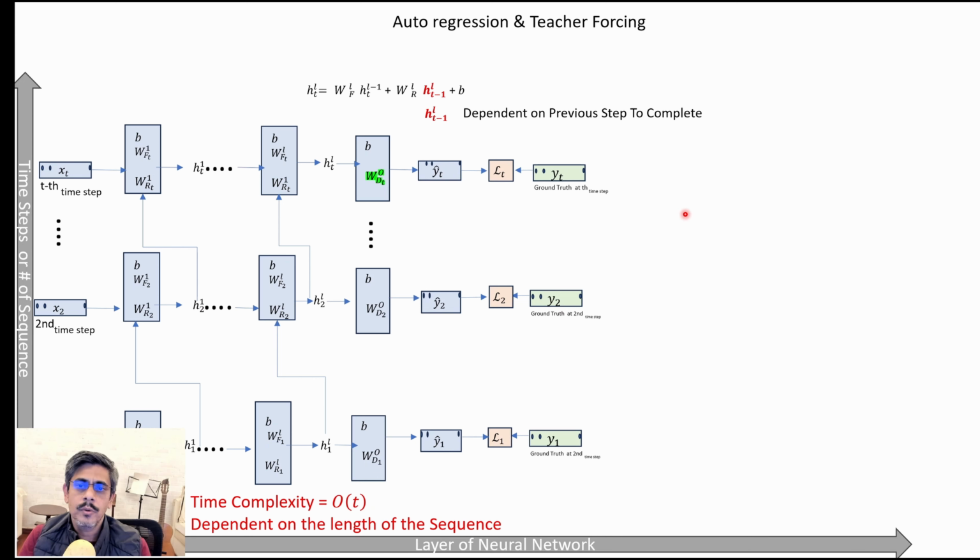As a result, when you are trying to calculate the gradient of H2, let's say, we are dependent on HT, which means the previous step also needs to be calculated, and vice versa. Therefore, during the feed forward time, the training needs to wait till all these hidden states are calculated.